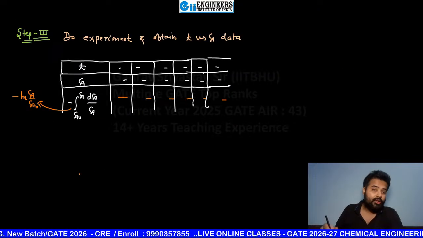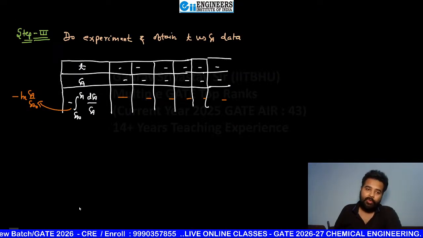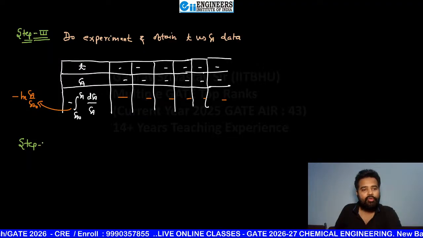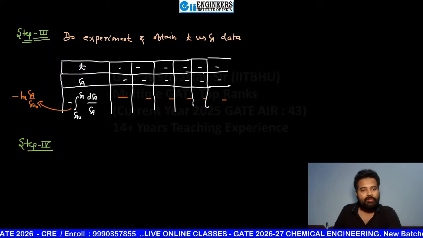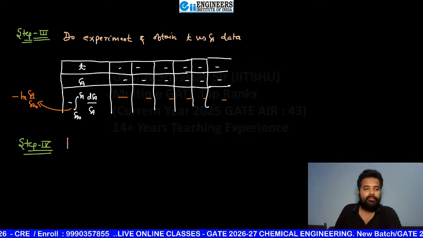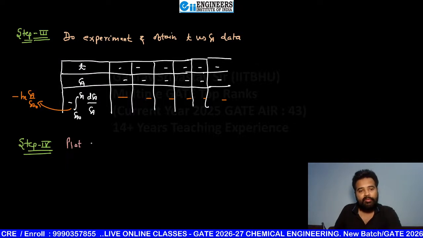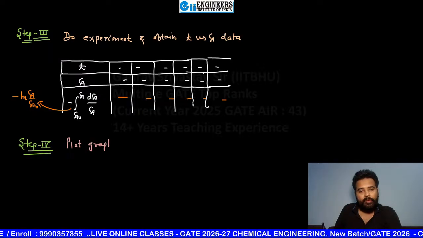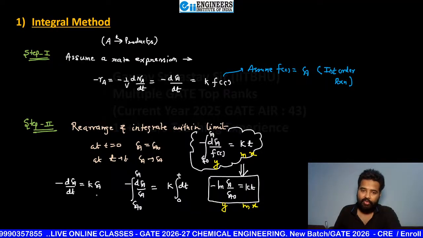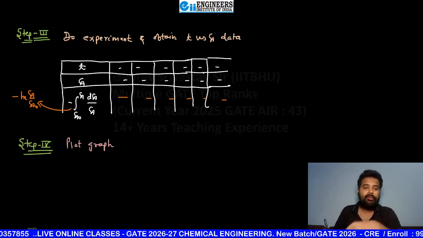Okay. Once you got this, beta, now you have to plot a beautiful graph. Step number 4, plot a graph. Clearly you can see this whole is y and this is x. On the x-axis you have to take time t.